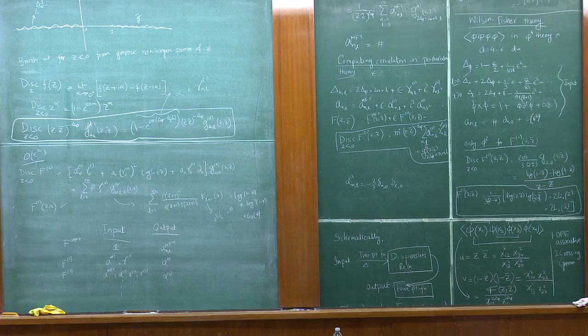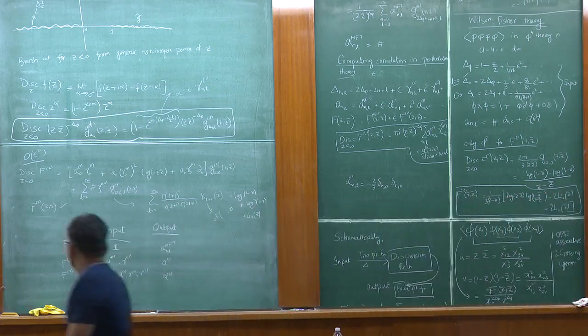Well, the inversion formula will give you large L. Yes, for L equals 0 there is this ambiguity. But these things somehow you have to know a priori.